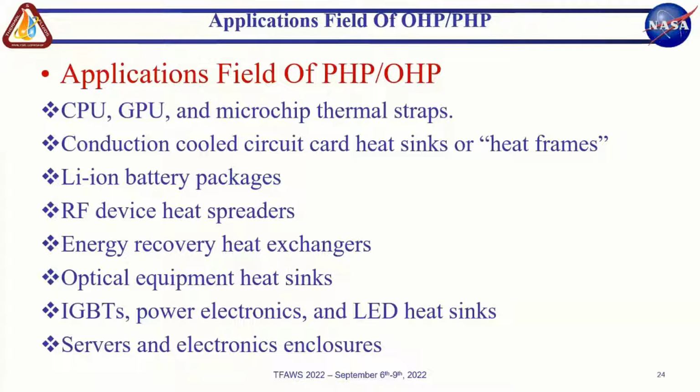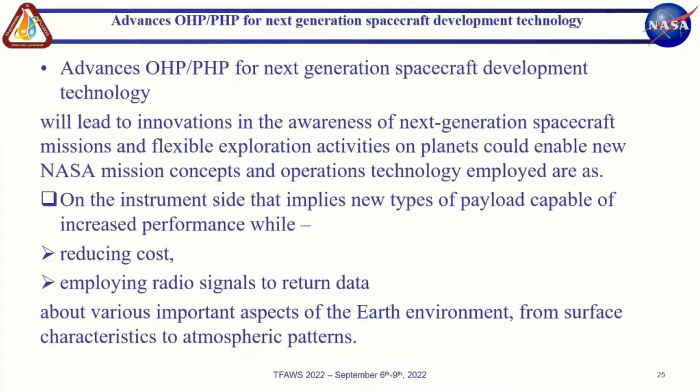Next, please. Advanced technologies for next generation will lead to innovation, mainly in the case of NASA's mission concept operation technology employees. On the instrument side, we know that a spacecraft has two parts: one part is payloads and the second part is a bus.